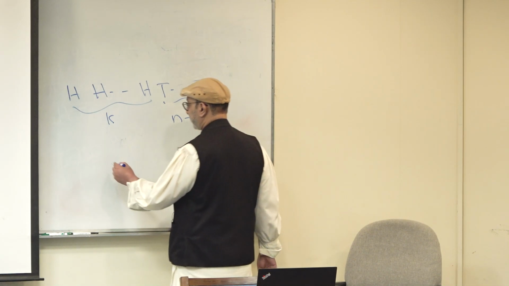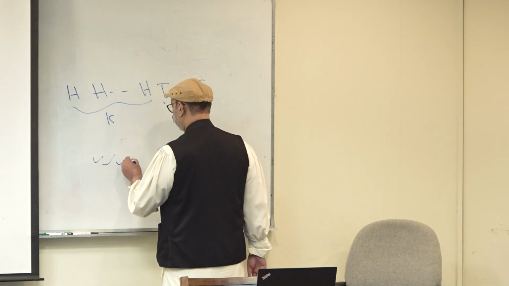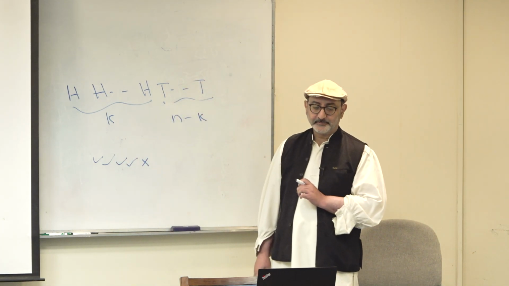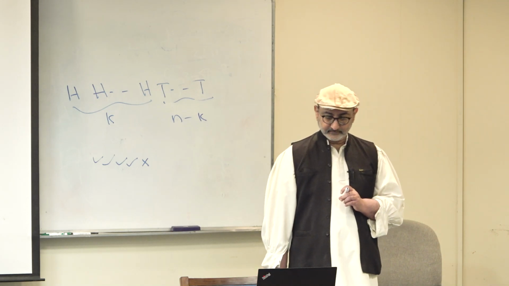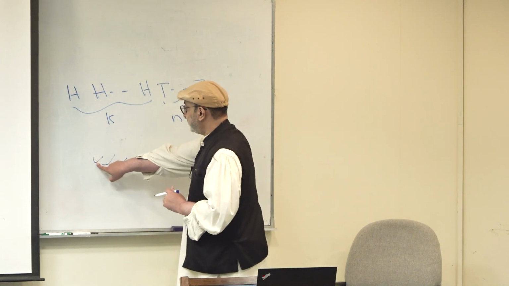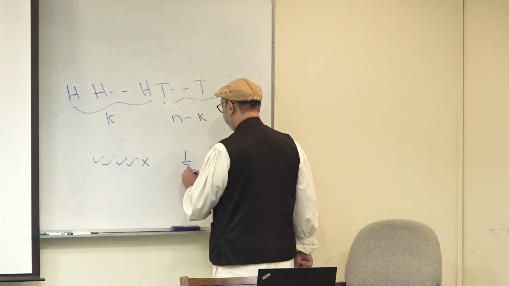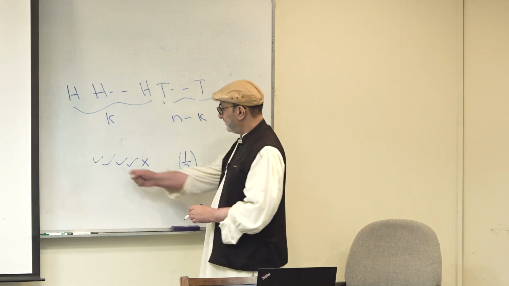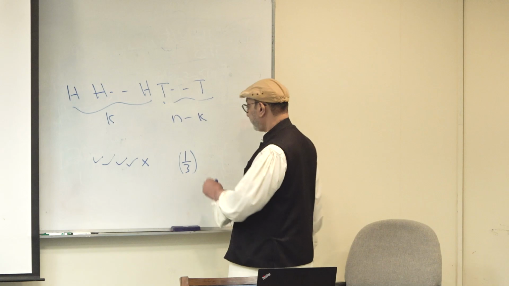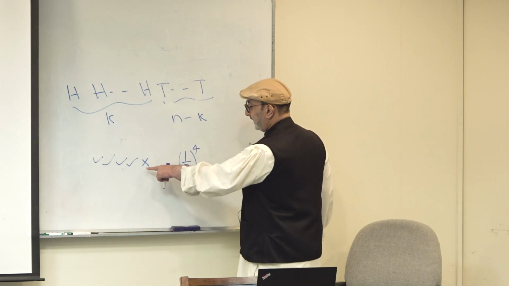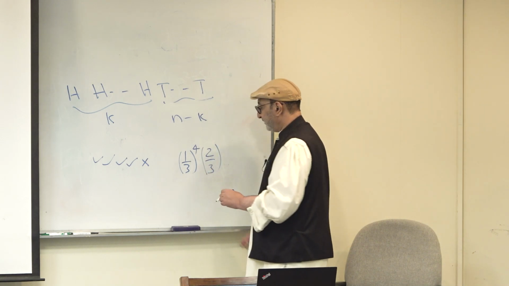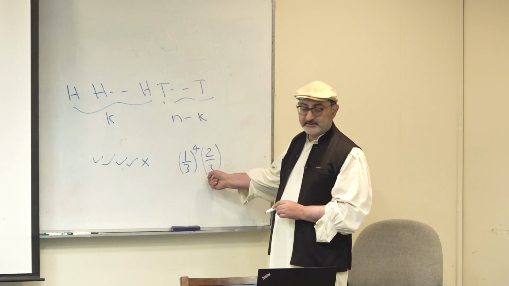All right, so what's the probability of this? 1, 2, 3, 4 are correct, and 1 is wrong. Well, the probability of the first one being a success is 1/3, and so on for the first four. And then the probability of the last one being wrong is 2/3. They're independent, so I can multiply the probabilities of the individual ones.